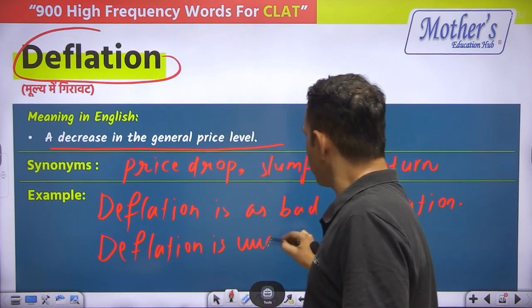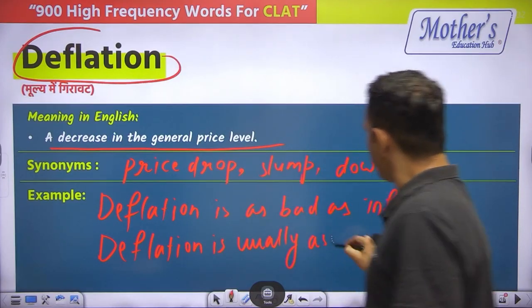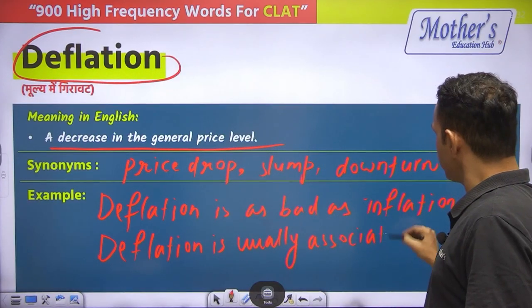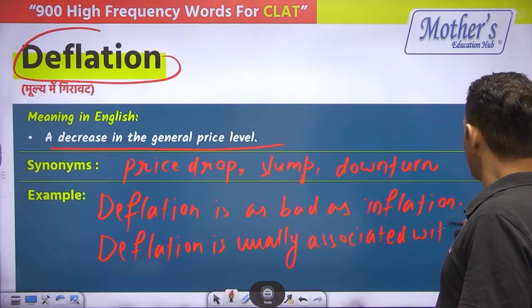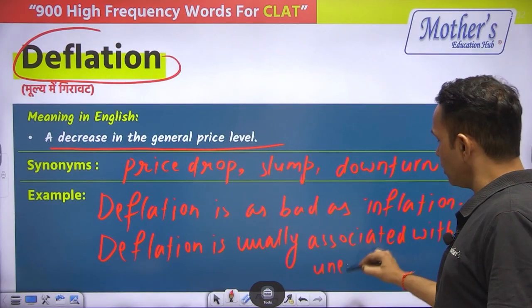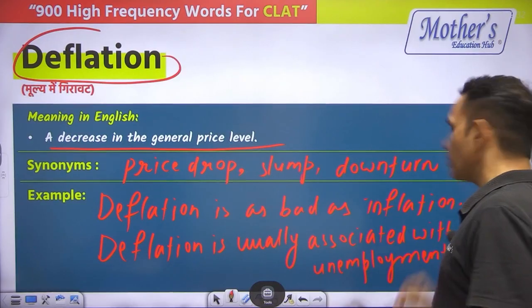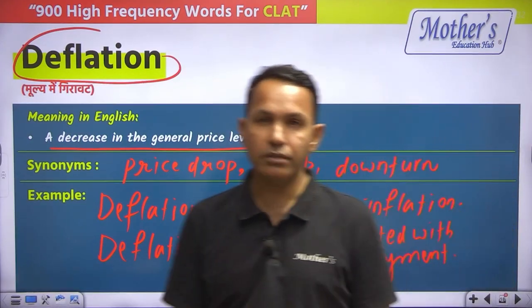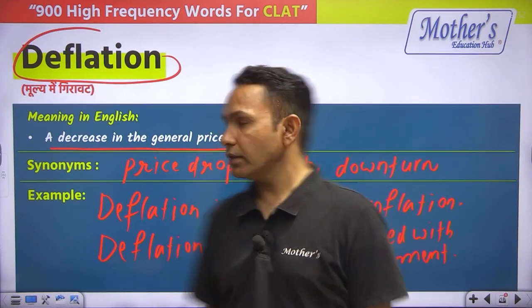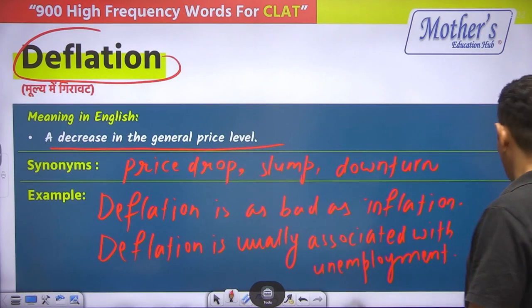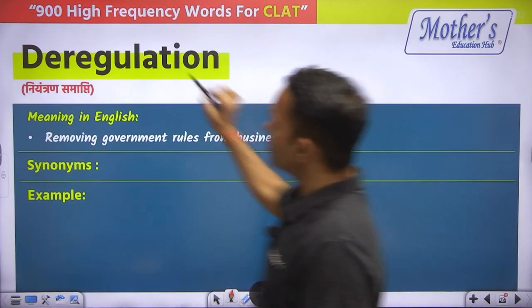Deflation and unemployment come together. So that was the word deflation. Let's move on to the next word. Our next word is deregulation.